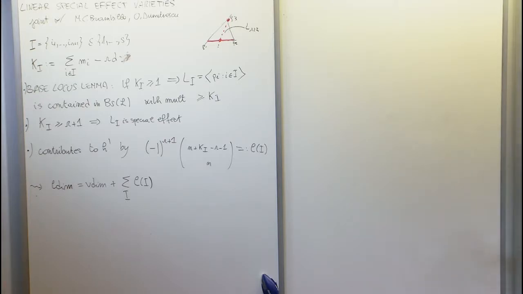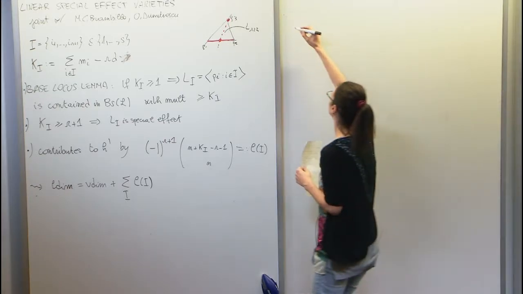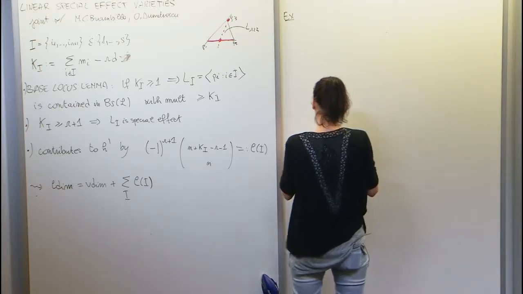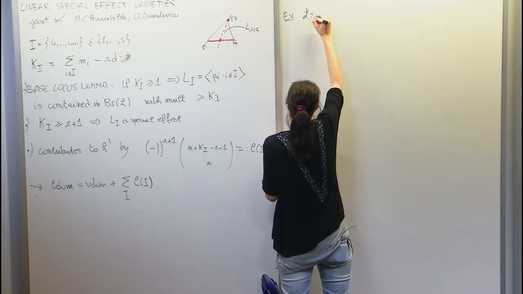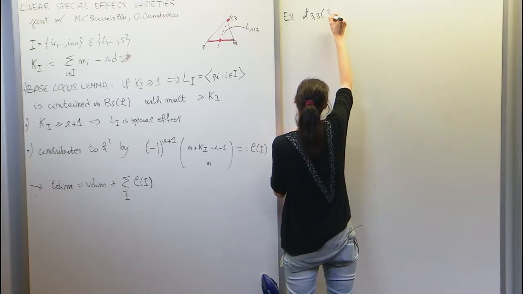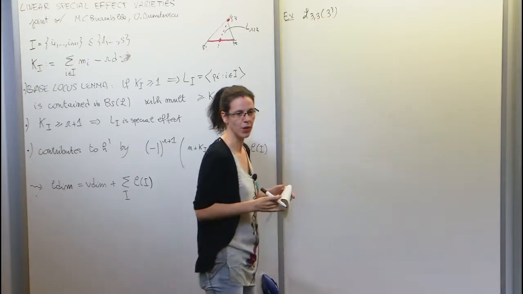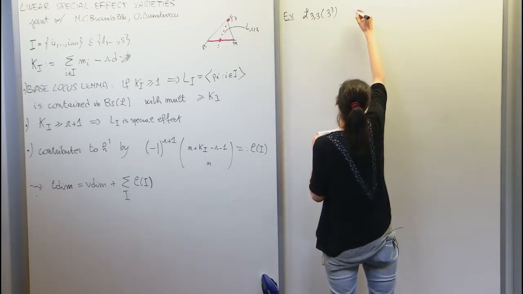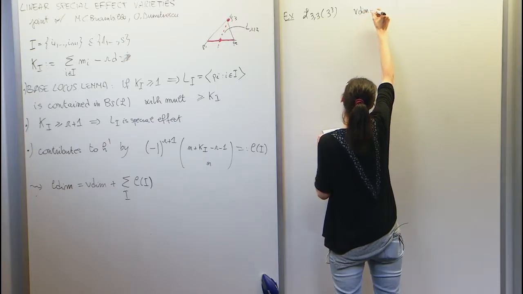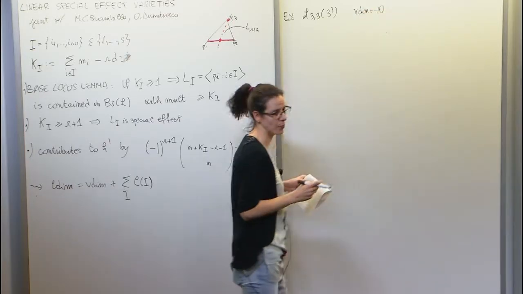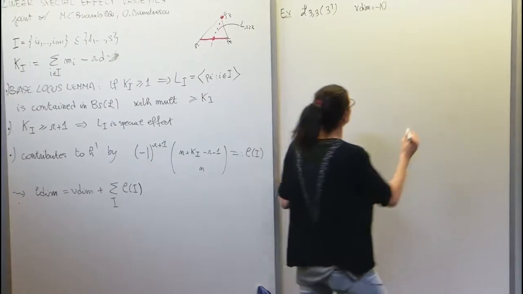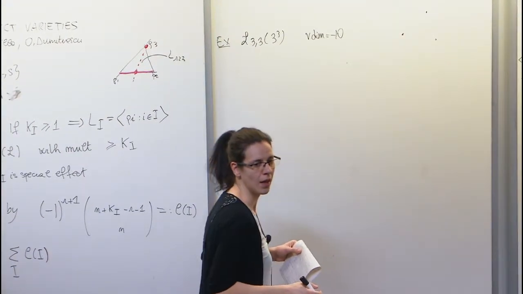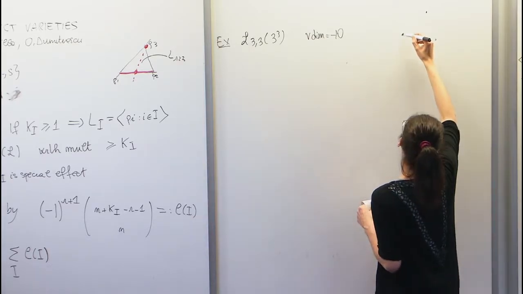So I'm just going to show you an example, and then I want to move to some more interesting abstractions. For instance, in the case of cubics of P3 with 3 triple points, the virtual dimension, one does the computation, is negative, minus 10. But we know that if I have 3 points in P3, I can consider the plane.